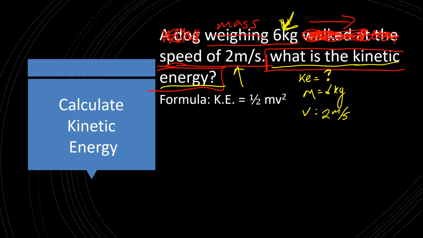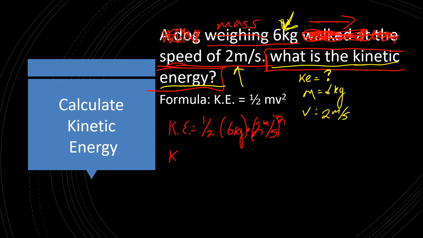So we're going to plug this into our formula. So 1/2 times 6 kilograms times 2 meters per second squared. Okay. And so let's go ahead and start working on this. Let's do our square really quick, 2 meters per second squared.